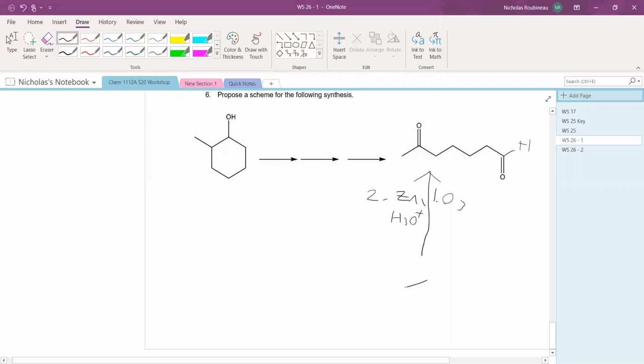And we're reacting with some double bond. I guess we'll just put it here. And how can we get from this to that? I'll just show that that's how we cleaved it.